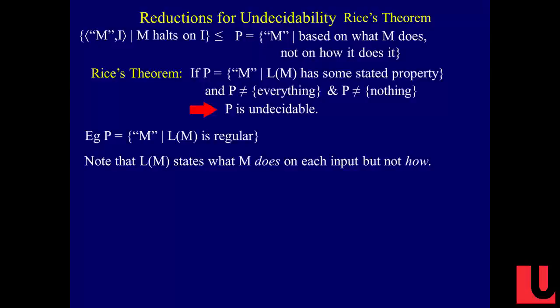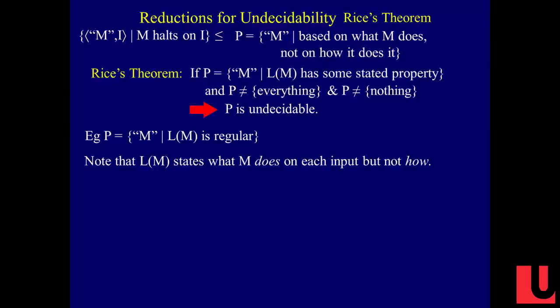So L of M is the set of inputs I for which M on I halts and says yes. Right? And then there's some property about that set. The property might be that the language is regular.